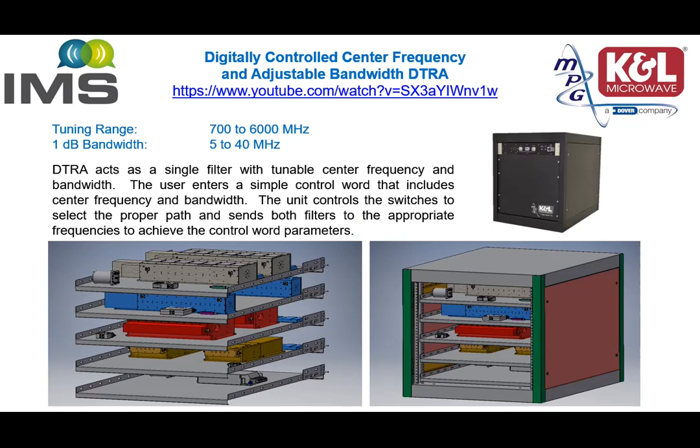The inside architecture consists of 4 stages. On each stage, there is a tunable bandpass filter that covers 700 to 1000, 1000 to 2000, 2 to 4, and 4 to 6 GHz. The mode of operation is shown in the YouTube movie and can be reached in the link shown above.